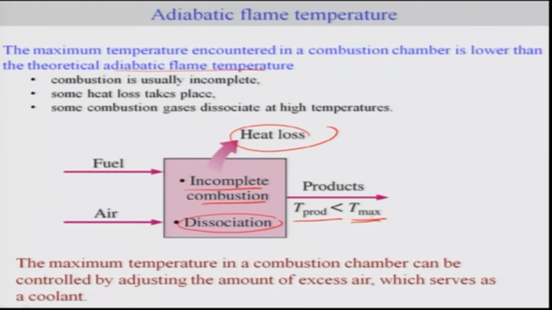However, one can control this maximum temperature by adjusting the excess air amount. The excess air acts like a coolant as well. So that is about the adiabatic flame temperature of the combustion chamber.